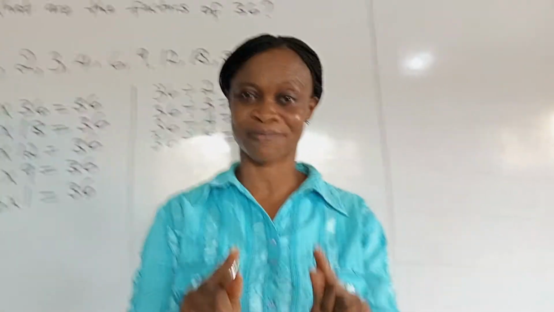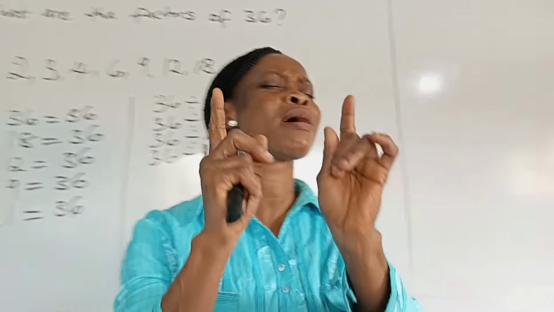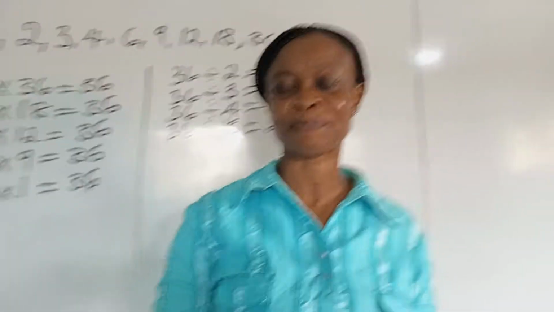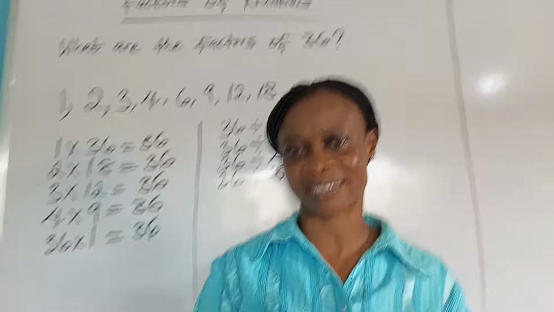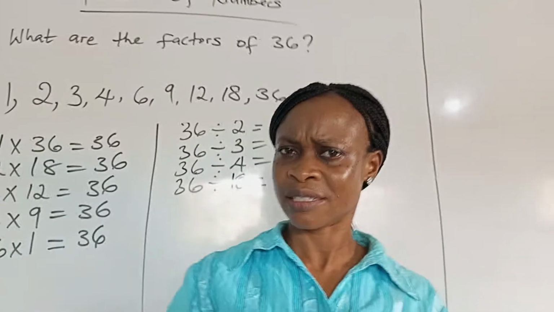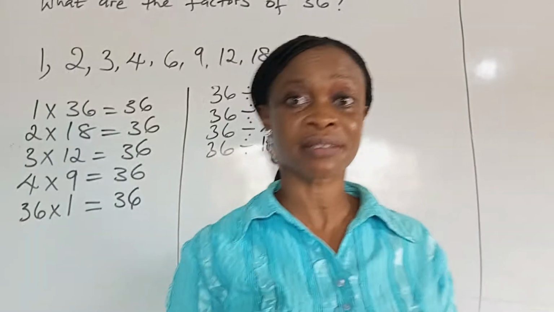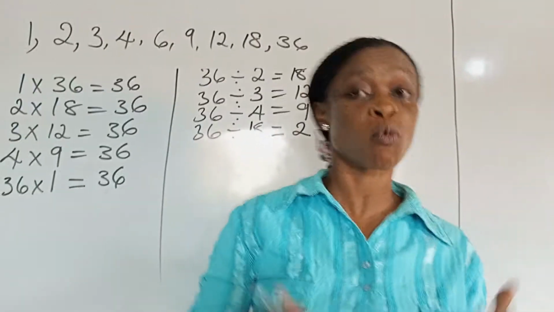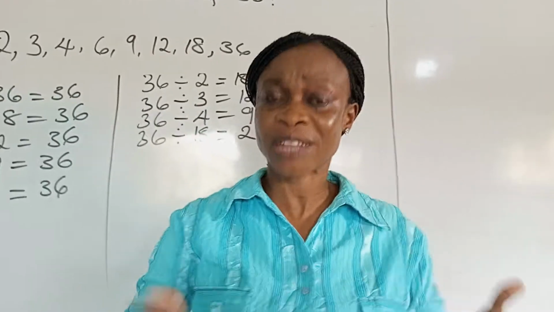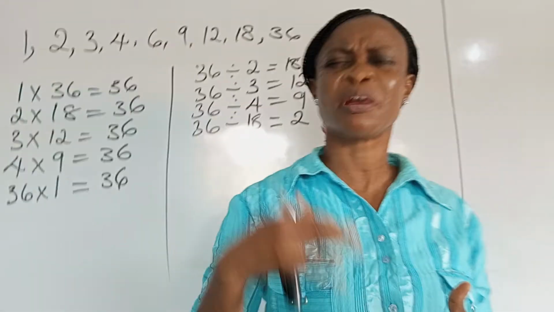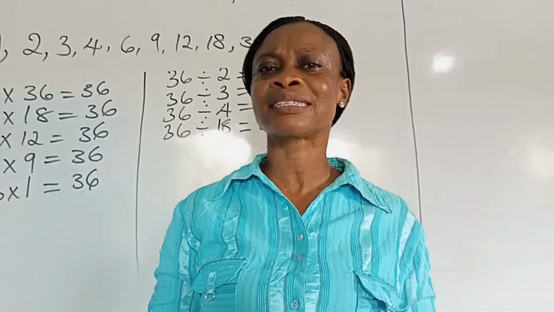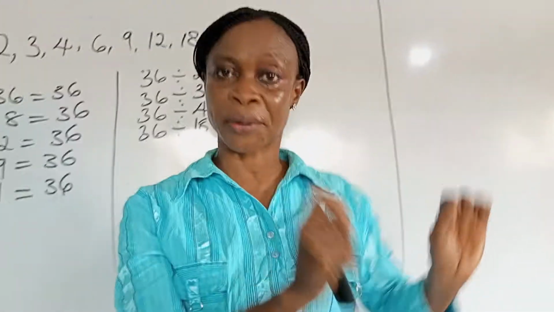In today's video, I'm going to teach you a very fascinating topic. And which topic is that? Factors of numbers. I'm sure you understand numbers, starting from 0 or from 1 to 1 million and above. When we talk about factors of numbers, we're talking about those sets of numbers that make up a particular number.